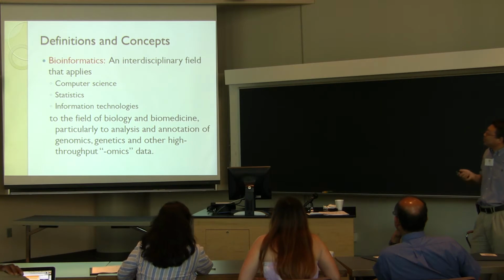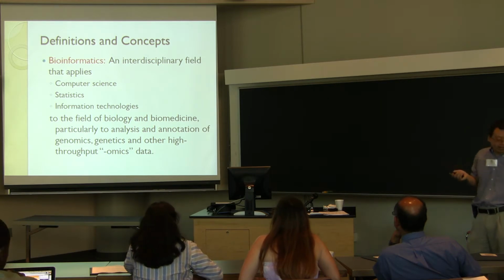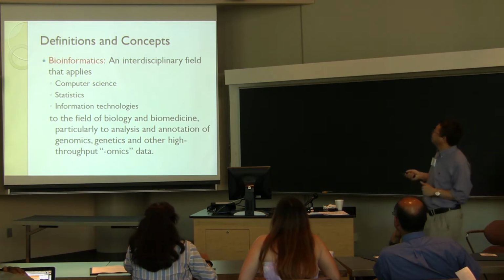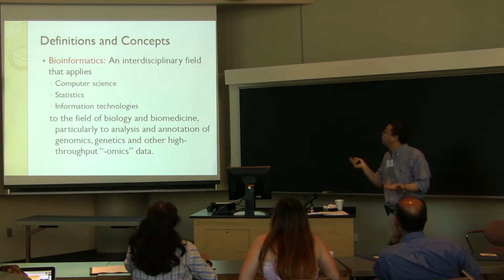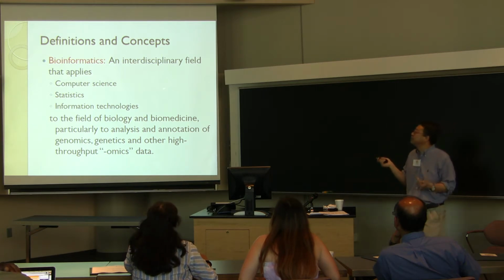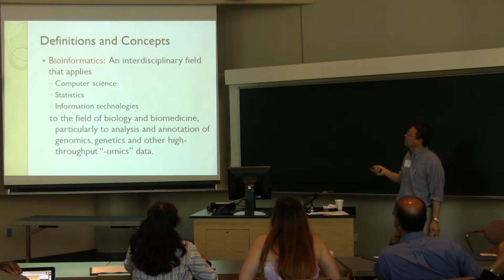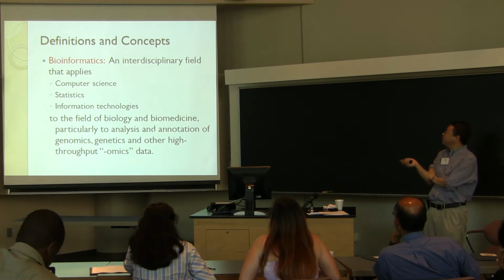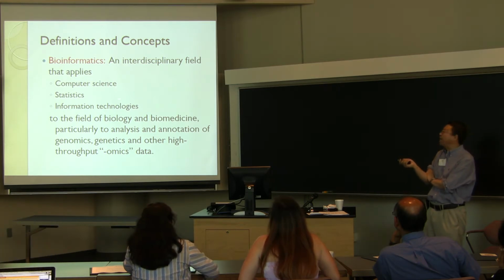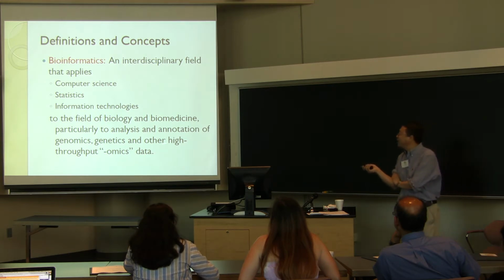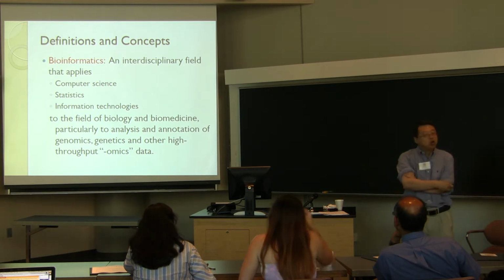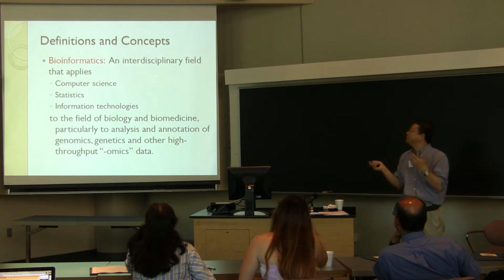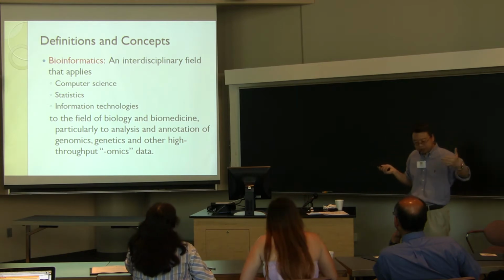And another term is bioinformatics. What's the difference? If you look at the bioinformatics definition, it is also an interdisciplinary field that applies computer science, statistics, or information technologies to the field of biology and biomedicine. Particularly, this one emphasizes the analysis and annotation of genomics, genetics, and other high-throughput omics data. That's how this field compares to computational biology.